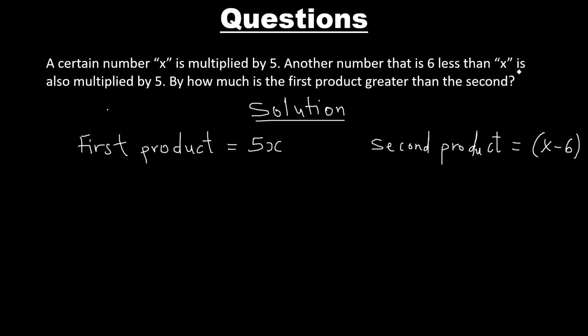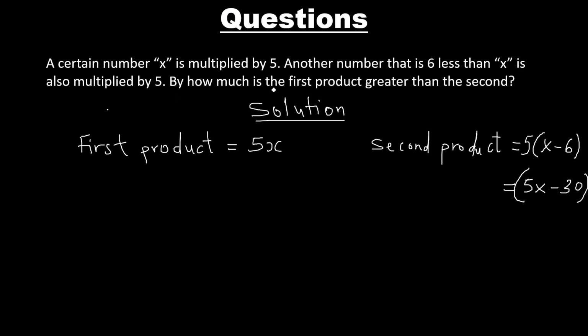But interestingly, this number, which is 6 less than x, is also multiplied by 5. So this is what we have. So if we expand on this, that will give us 5x minus 30. That is what we have.